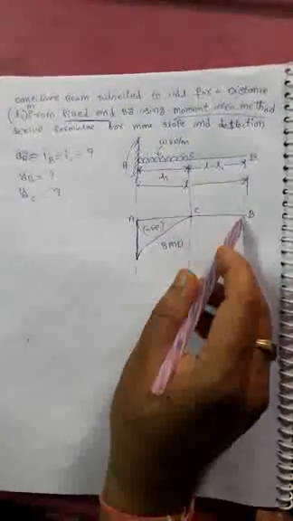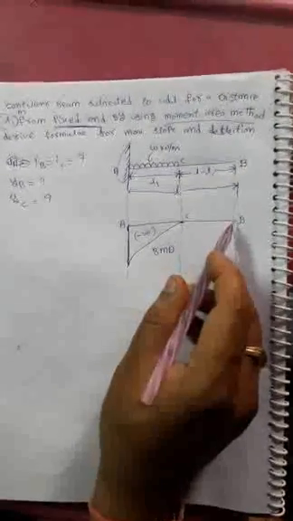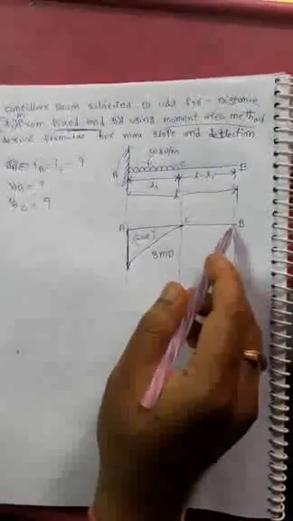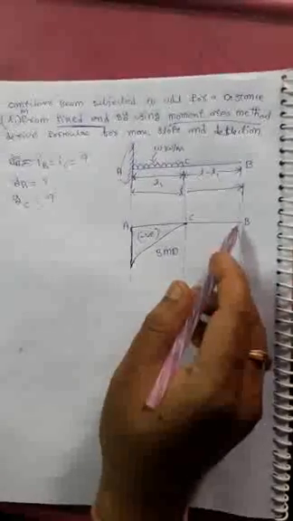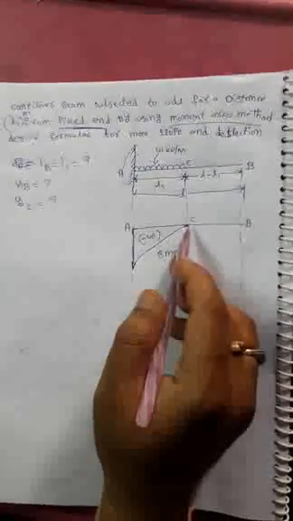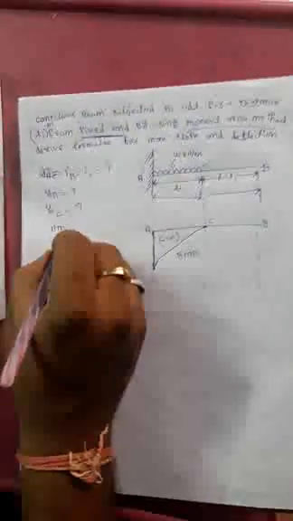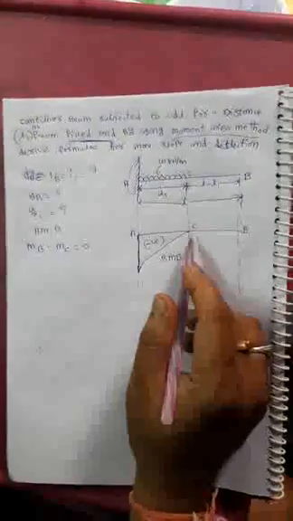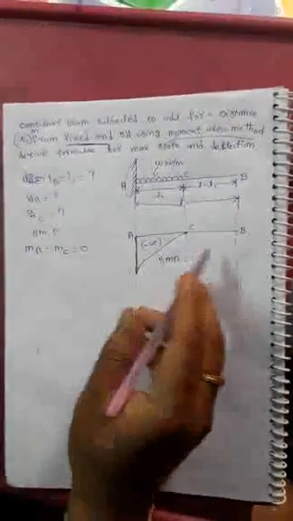Because at B and C there is no point load, and between B and C there is no UDL. So that's why the moment is 0 at B and C.